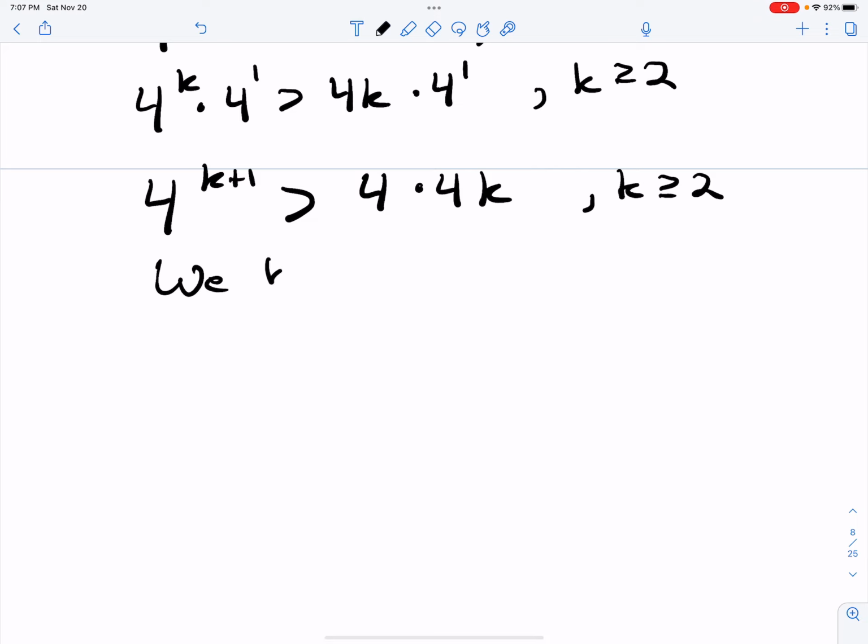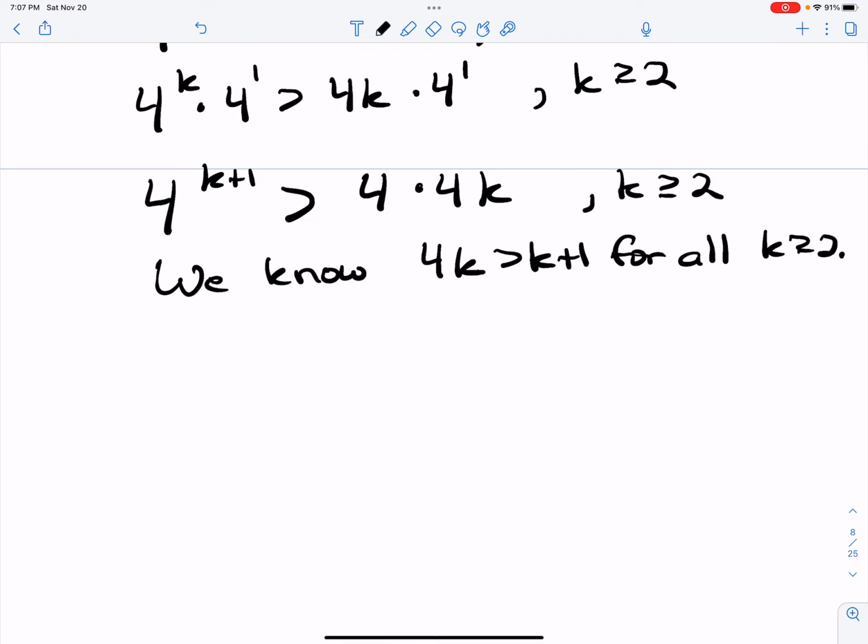We know that 4k is greater than k plus 1 for all k greater than or equal to 2. Just think about it. If you plug in 2, 4 times 2 is 8, compared to 2 plus 1 is 3. Your multiples of 4 are always going to be greater than just adding a 1. Multiplying by 4 is going to give you a bigger result than just adding 1 every time, for k equal to 2 on up.